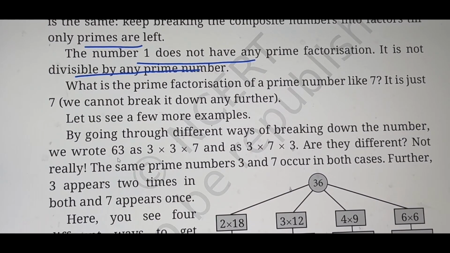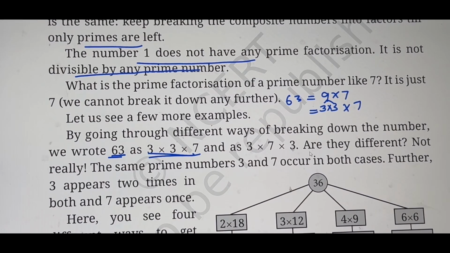We take the other example, the other number which Anshu and Guna were doing, 63. So Anshu wrote it as 63 is equal to 9 into 7, right? So we can break down this 9 again into 3 into 3 and 7 remains as it is. So we get all the prime factors of 63, right? So either you write 3 into 3 into 7 or you can write 3 into 7 into 3.